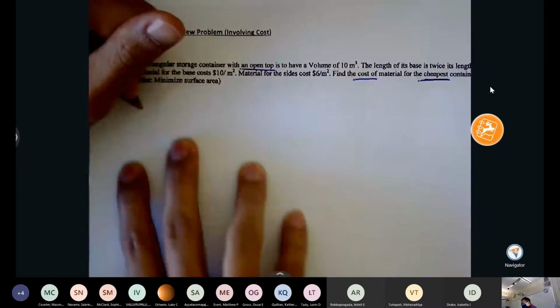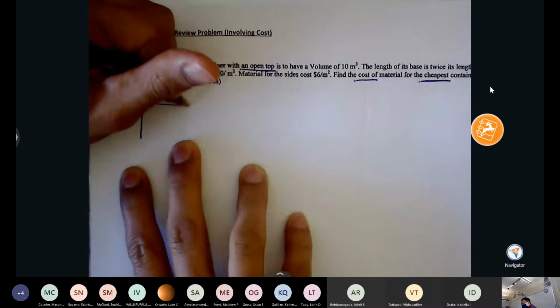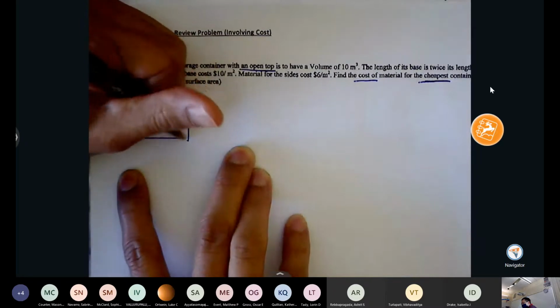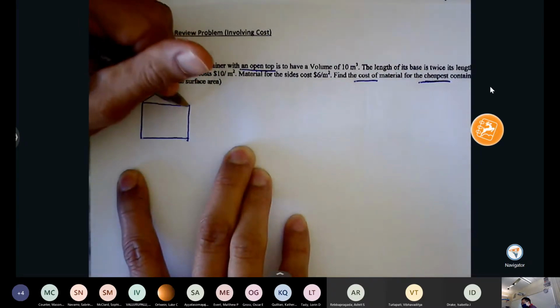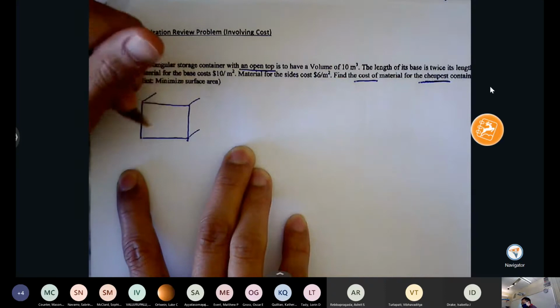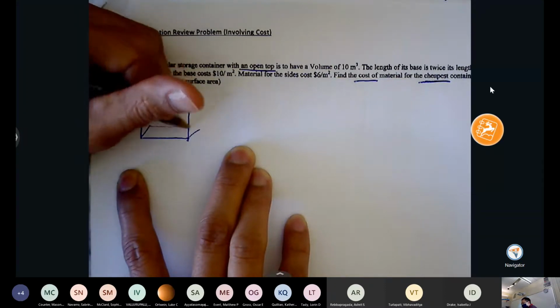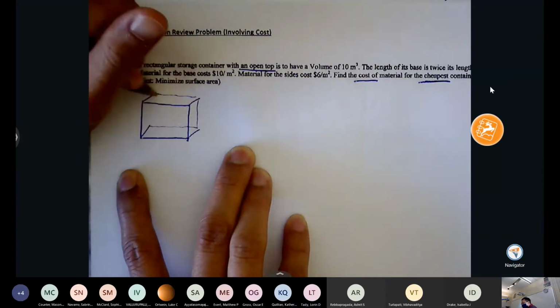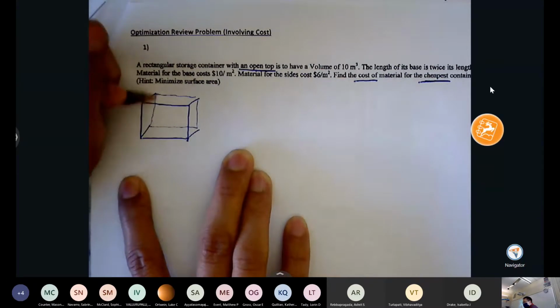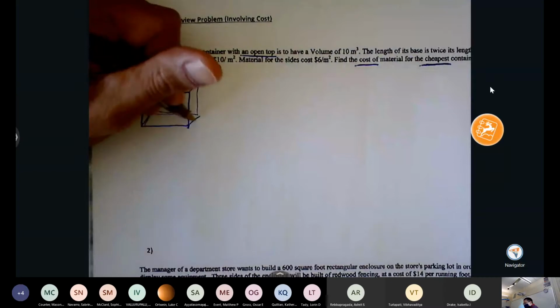So let me draw a diagram first. So I have a base. The relationship is given to us that one side is twice the length of the other.